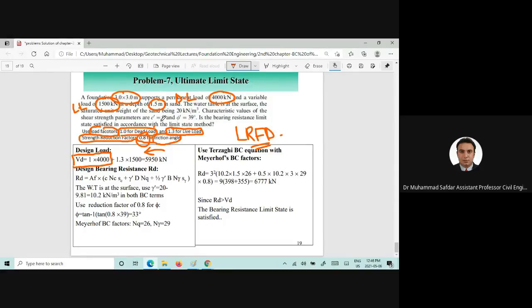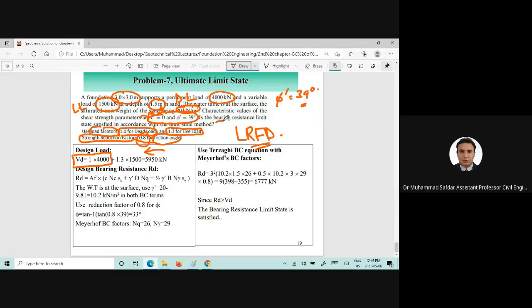The water table is at the surface. The saturated unit weight is given, and the shear strength parameters C prime and phi prime are given. Phi prime is 39 degrees. Now, is the bearing resistance limit state satisfied?